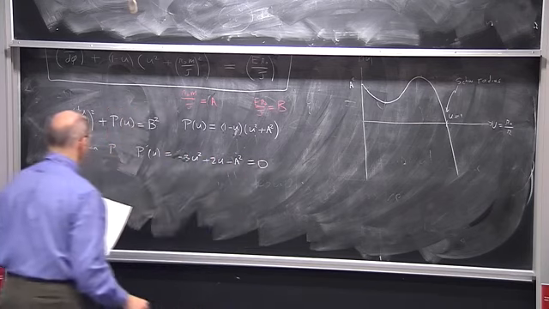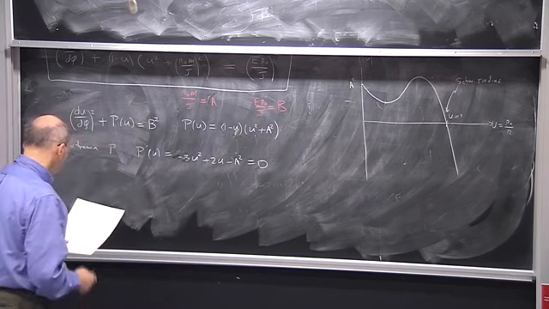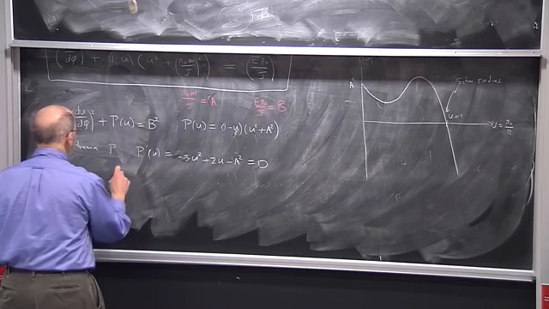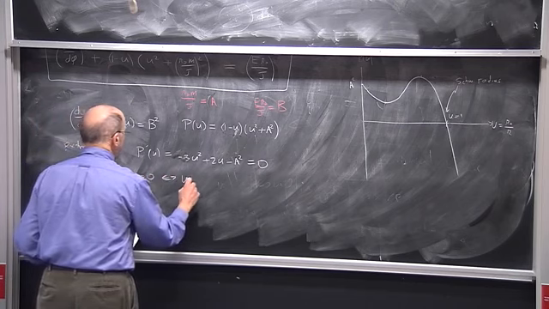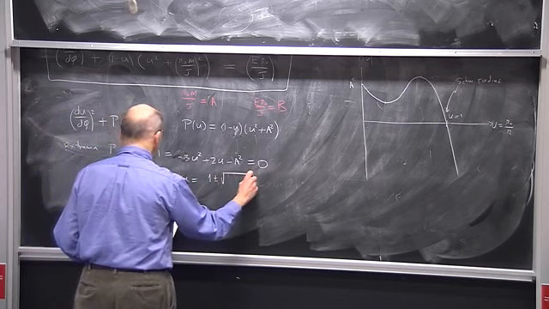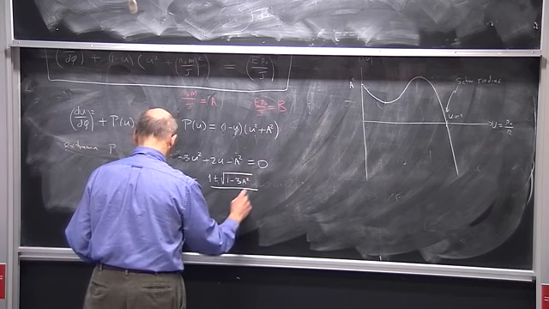We want to set that equal to 0. Notice b drops out. This is just a quadratic equation for u, and p prime of u equals 0 if and only if u is equal to 1 plus or minus the square root of 1 minus 3a squared, over 3.